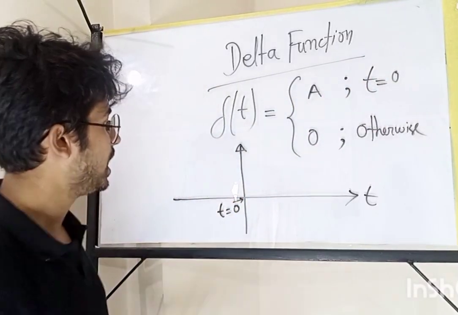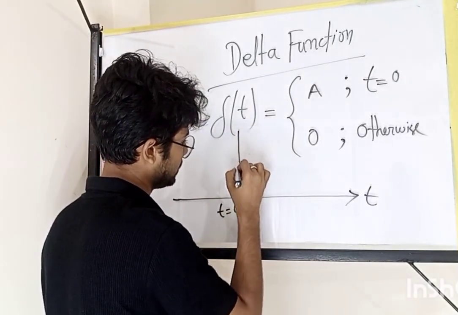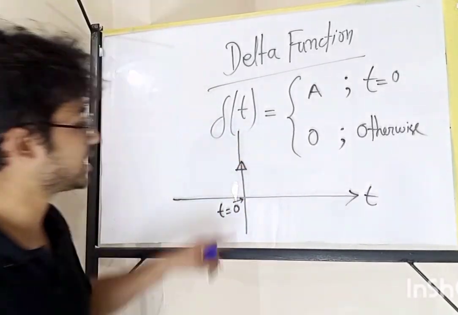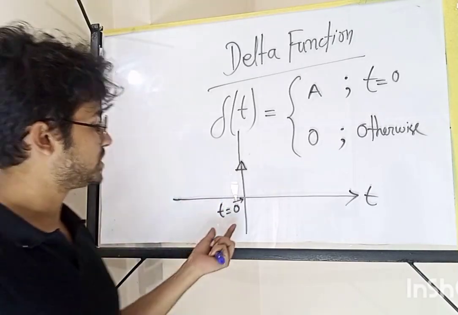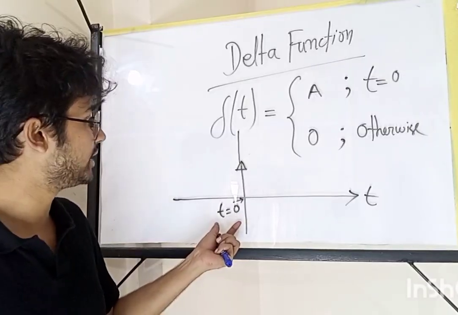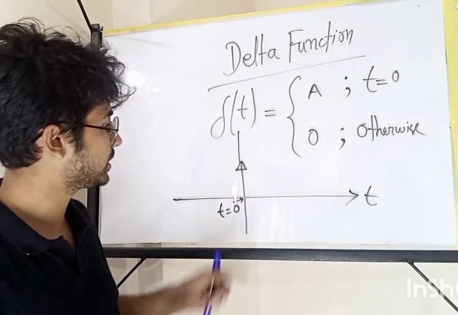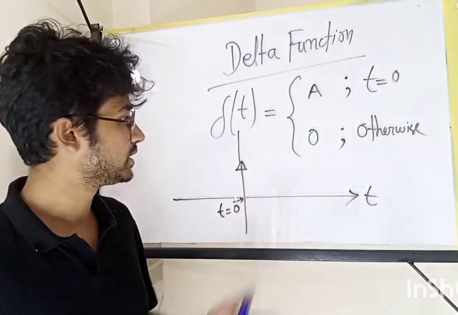This is the origin, and only here will you get the output value. It looks like a spike situated at time 0. That is why this is called the delta function, where we get a single spike, a single value.